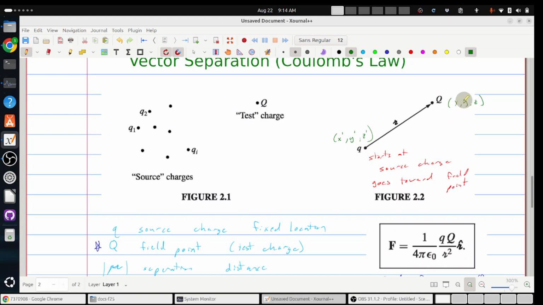Now, these equations are similar to our displacement equations in the sense that I've got an initial and a final. But we don't call this a displacement because displacement is where the same object moves from one place to another.